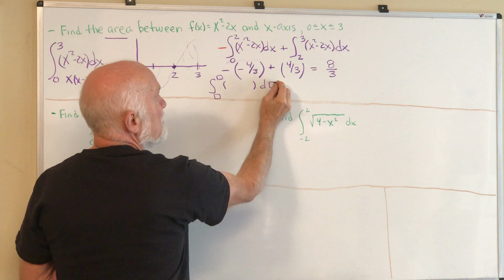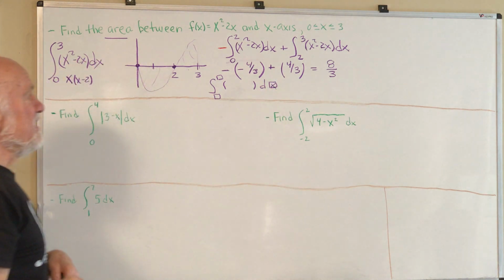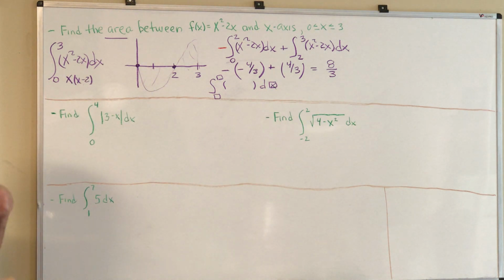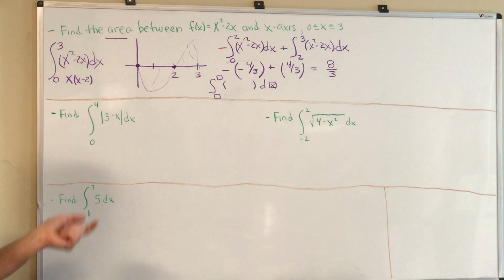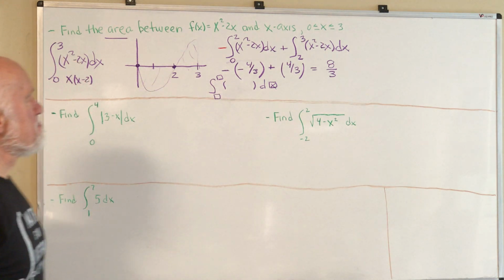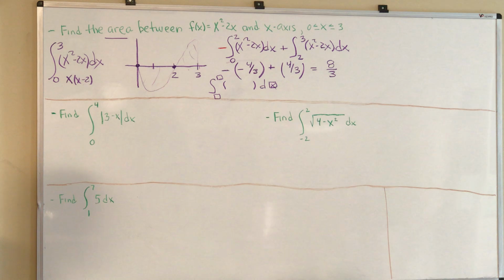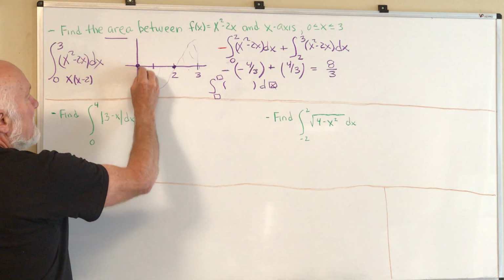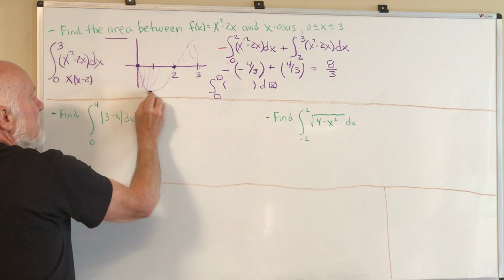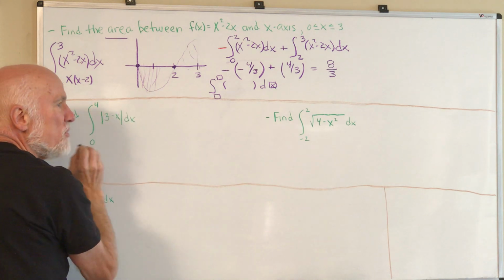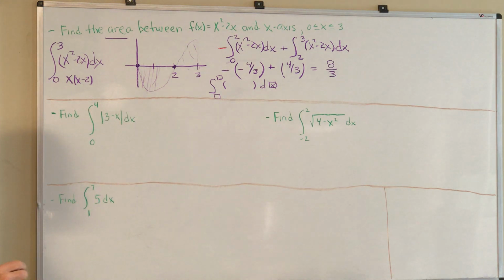You just put an x there, hit enter, depending on your calculator, and you get an answer. So what the calculator is really doing is shading this up. There's a very little bit of error, but you really don't notice it because they take so many rectangles.